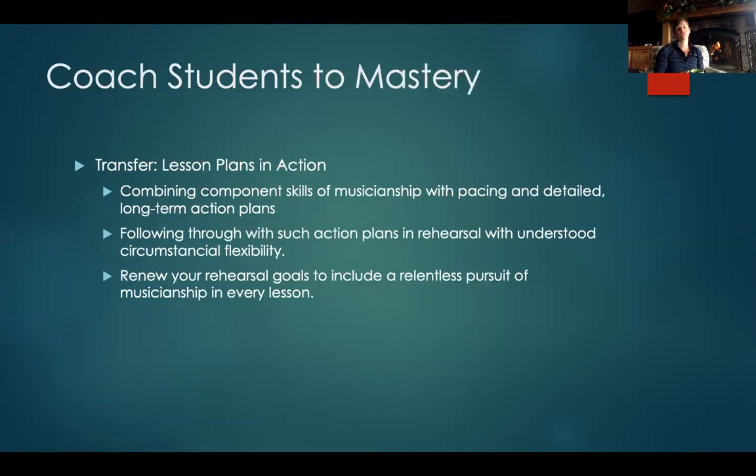Coach students to mastery. I think my last information dovetails into this and brings us through the process. The transfer in this is lesson plans in action: combining component skills and musicianship with pacing and detailed long-term action plans, and actually following through by putting those action plans into rehearsal.